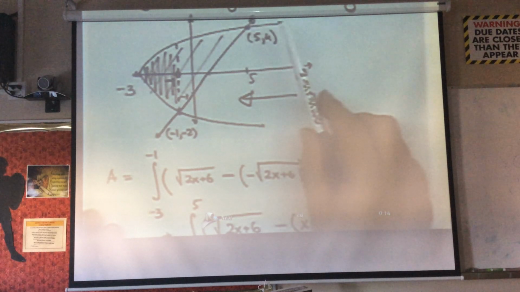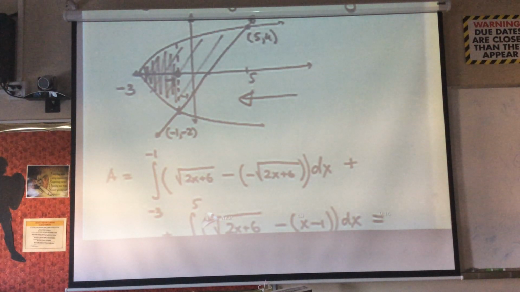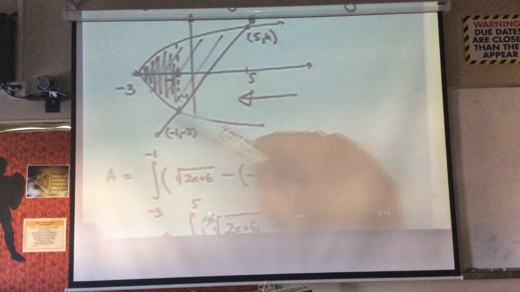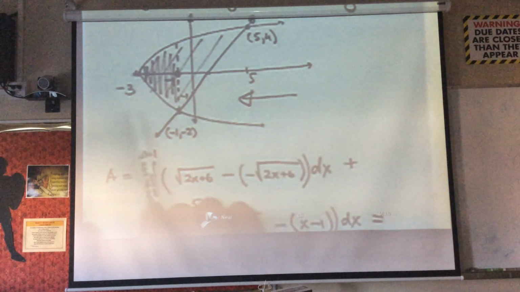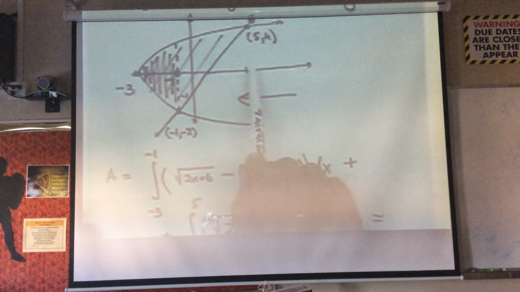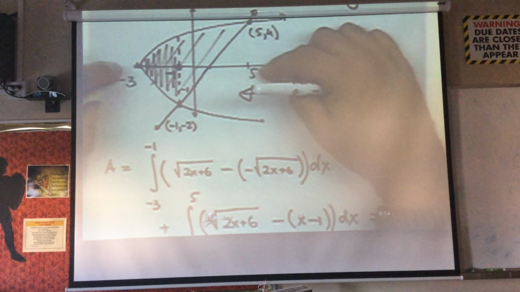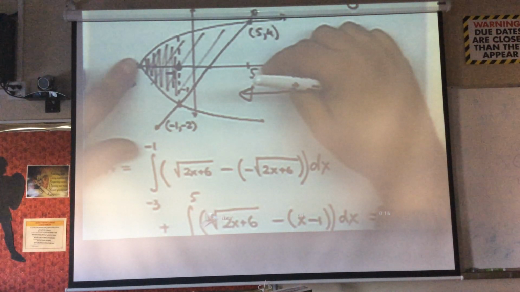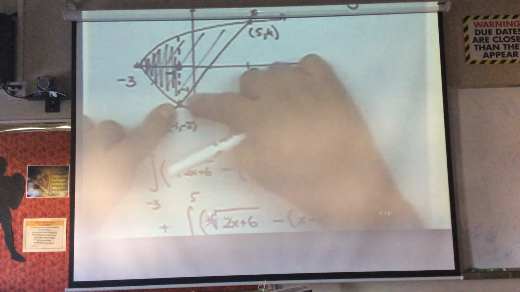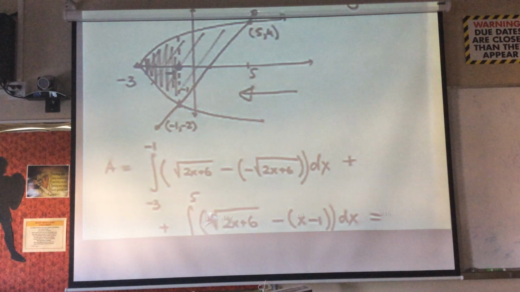But when you look on the bottom you have two curves. So on the interval from -3 to 5, speaking about the furthest right distance that we can see here, we actually have two curves. We have this curve and we have this curve. So that means we cannot do this problem just using one integral.